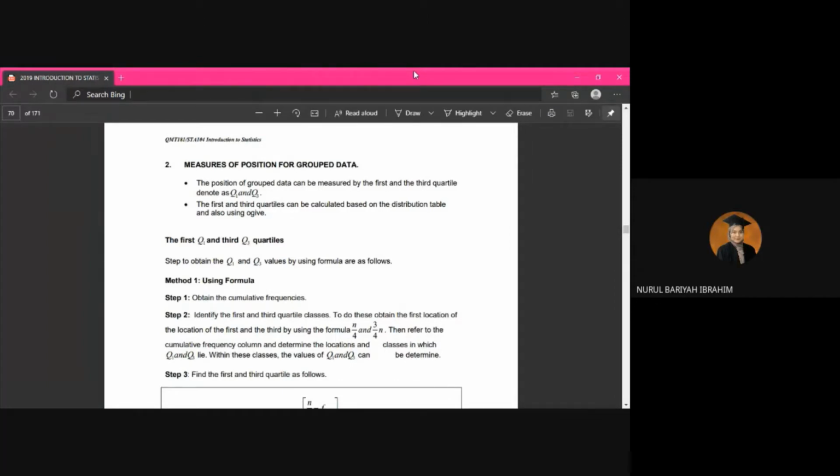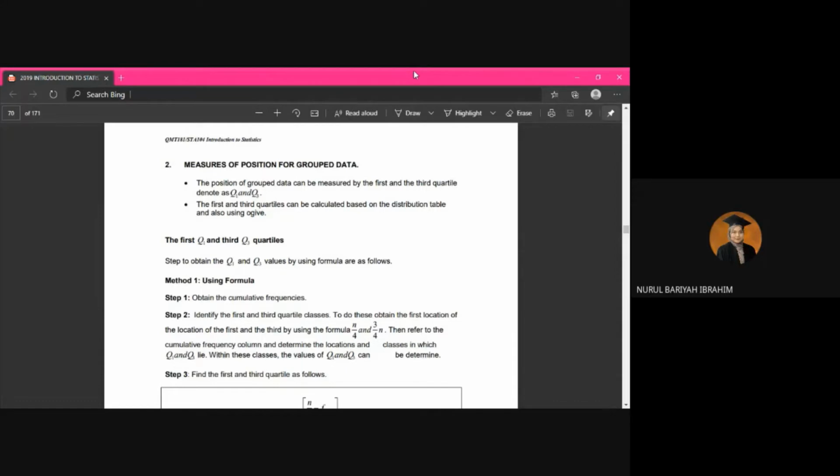Okay, so measures of position, which are the quartiles, Q1, Q2, and Q3. But Q2 is also known as the median. So to find the measures of position for grouped data, it is just like finding the median.